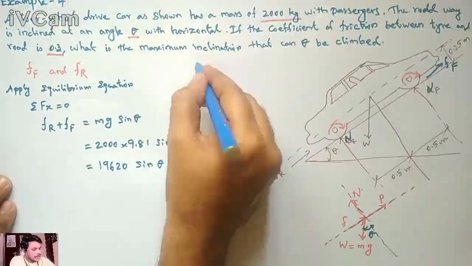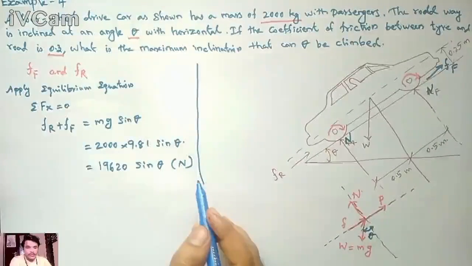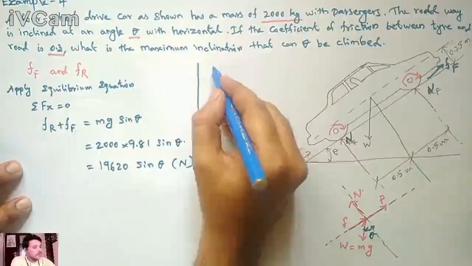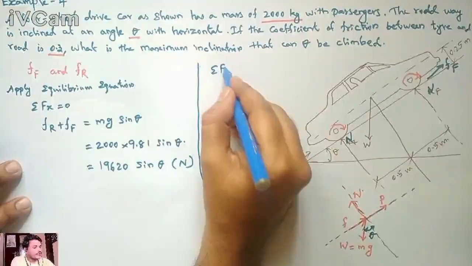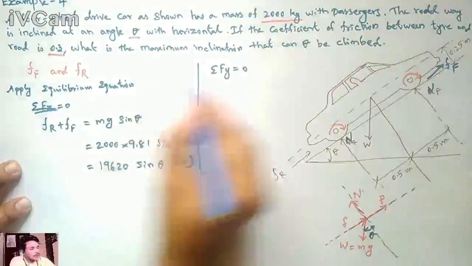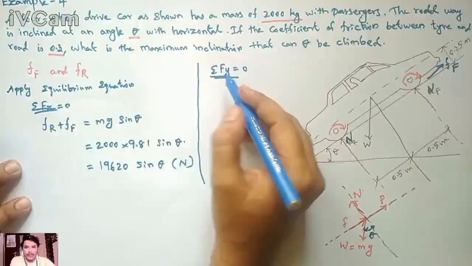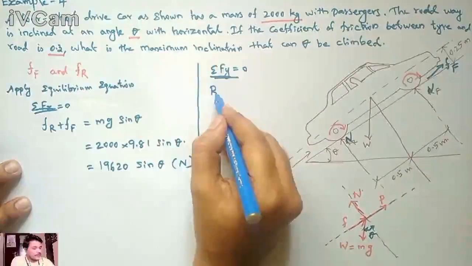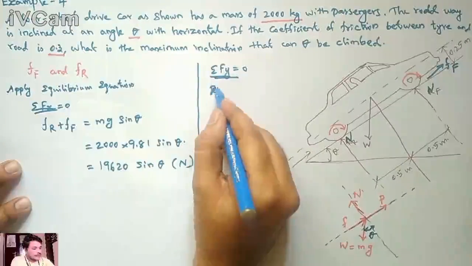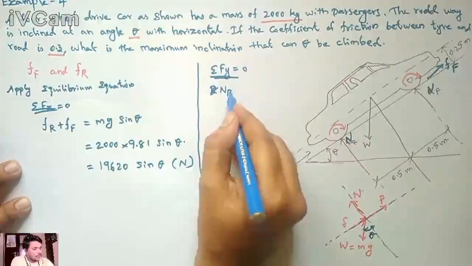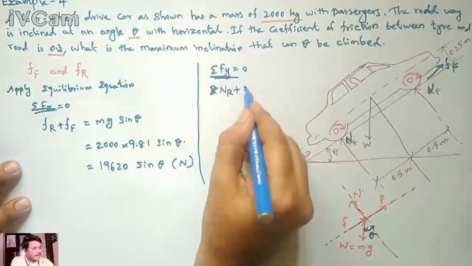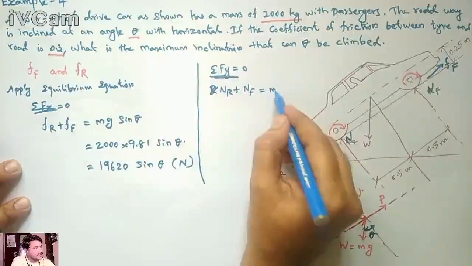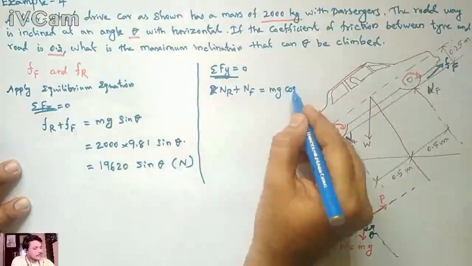Similarly, summation of Fy is equal to 0. So NR plus NF is equal to mg cos theta.